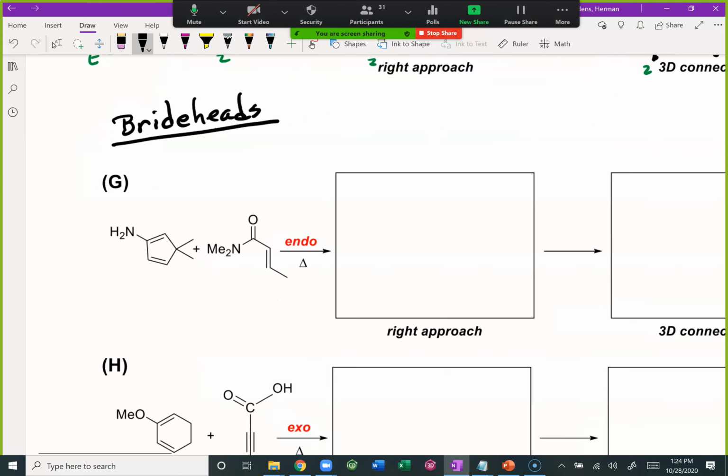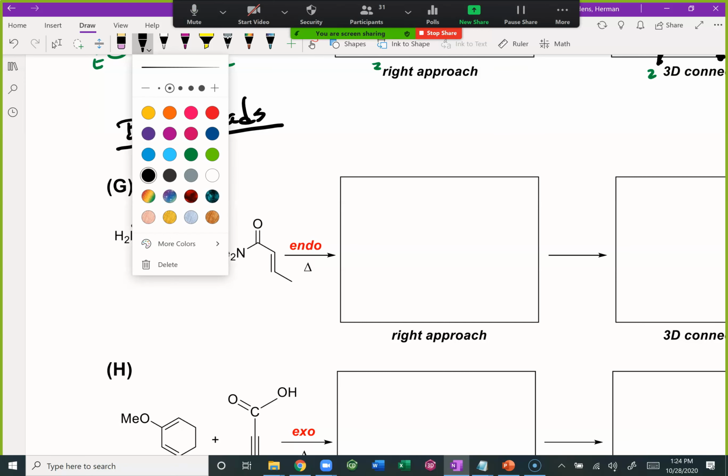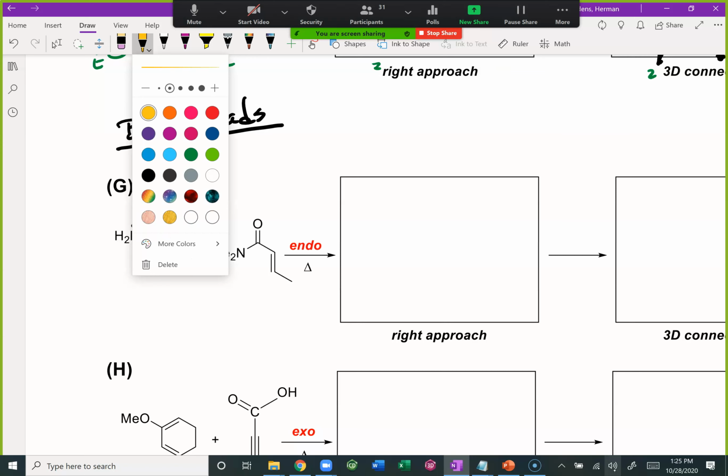In this case, I have a question here. Would it go to number 1 or number 2 here? Which one's the most electron-rich? Number 1, yes, because you have this electronic push going that way. So 1 wins, and so we have to flip this molecule.